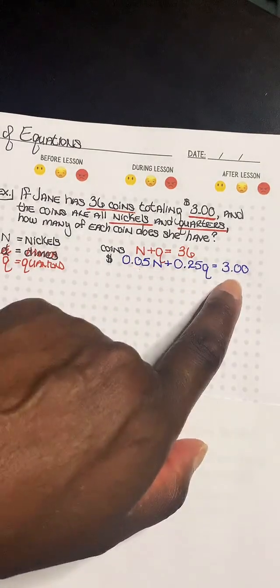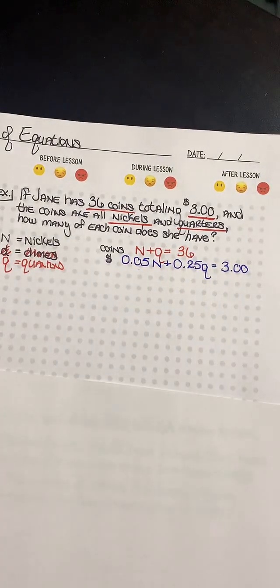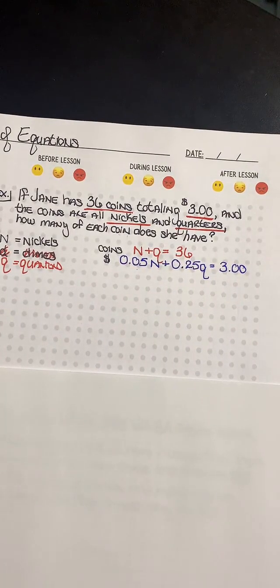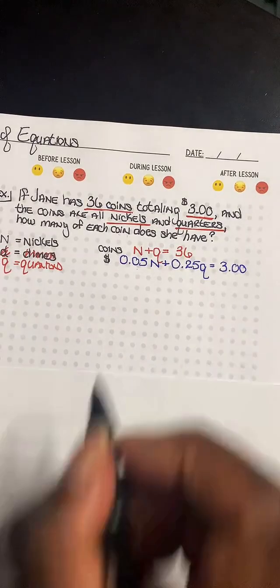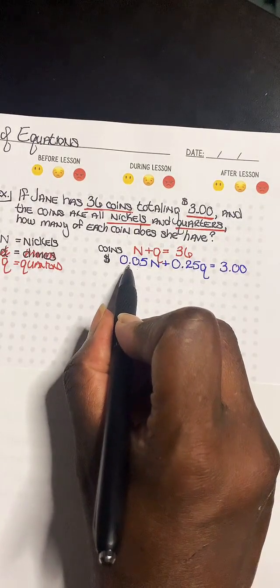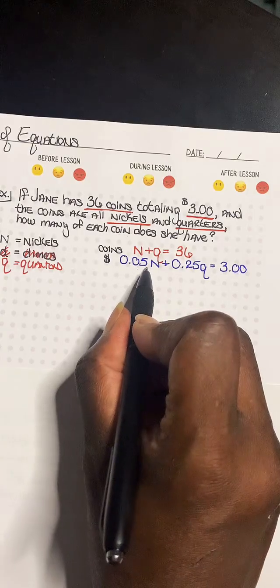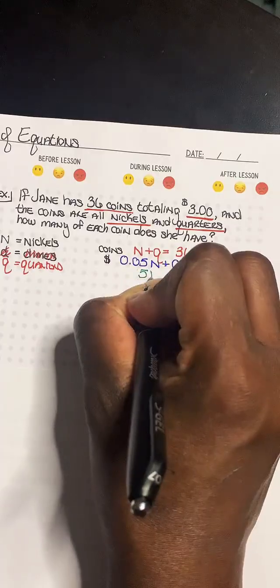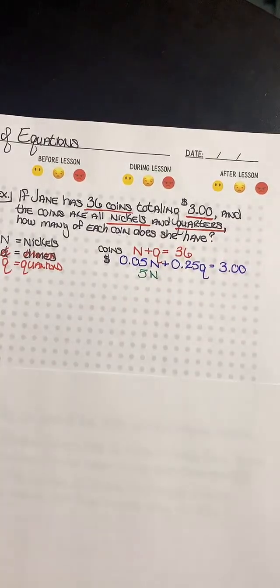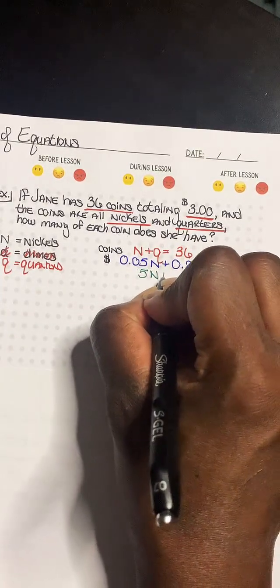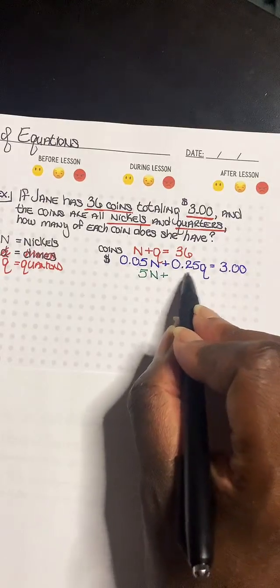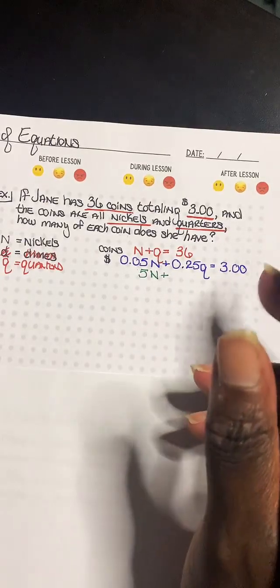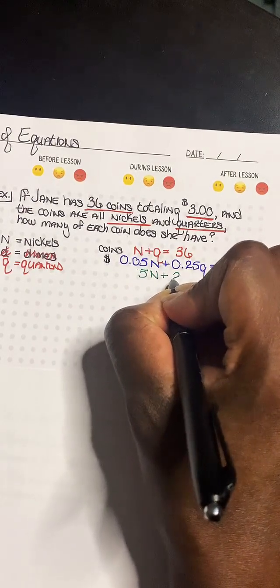Multiply everything by 100. The reason why I would do that is because if I multiply 100 by 0.05, that's going to give me 5. If I multiply 100 by 0.25 or 25 hundredths, that's going to give me 25.